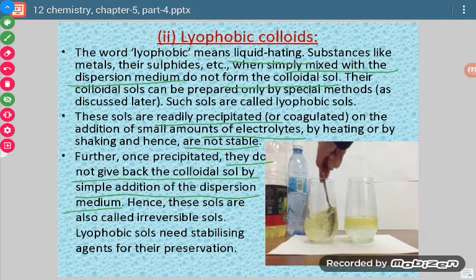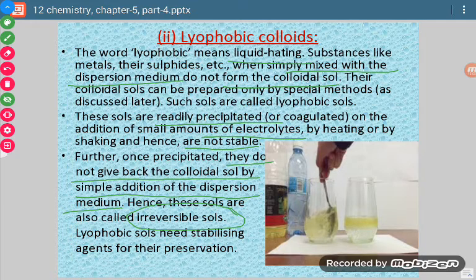Just like there we said that in case evaporation has reduced the dispersion medium, we can simply add dispersion medium and it will again give the colloidal sol. But in this case, if it has been coagulated or precipitated, we cannot simply add dispersion medium and obtain the lyophobic sol. It is not possible. So we say that these colloids are irreversible sols.